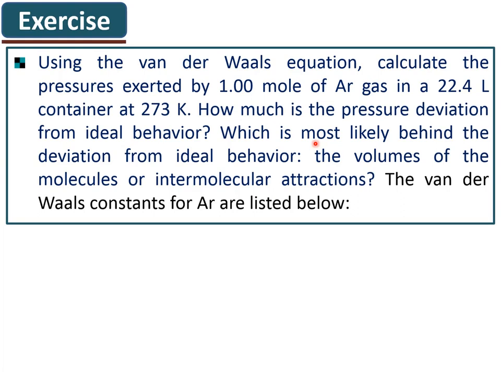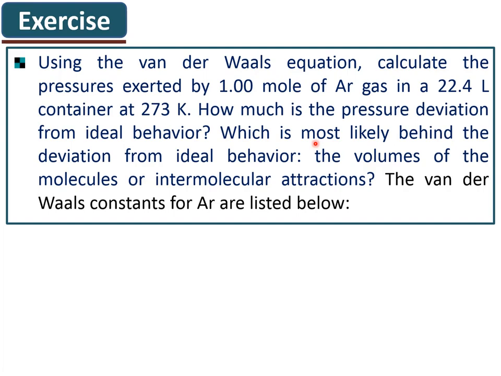But he is not asking about the ideal behavior. He's not asking about the ideal pressure. Look what he asks. How much is the pressure deviation? Deviation from ideal behavior. So you are supposed first to calculate the ideal pressure, and then you calculate the real pressure, and you calculate the difference, the deviation.